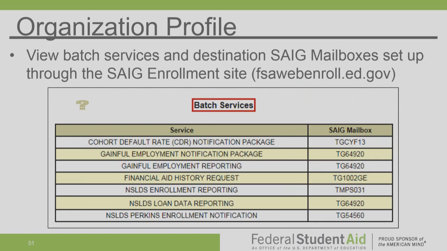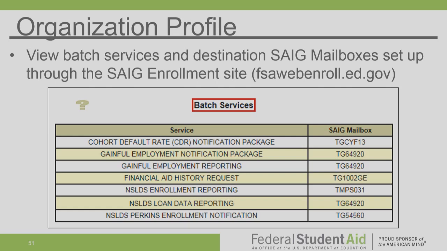Again, I'm going to note that the batch services are available. Most of you know, and certainly the PDPAs know, that every interface that a school has with NSLDS is tied to a specific TG number. So here you can see all of the services and the associated TG number that the school has signed up for and used for that particular service. For example, the CDR notification package, eCDR, in this example, is going to that specific TG number.